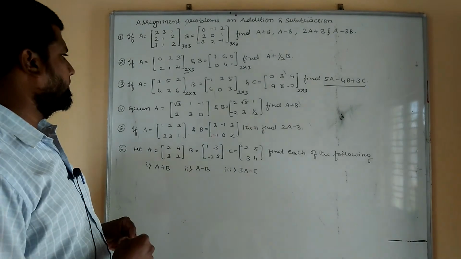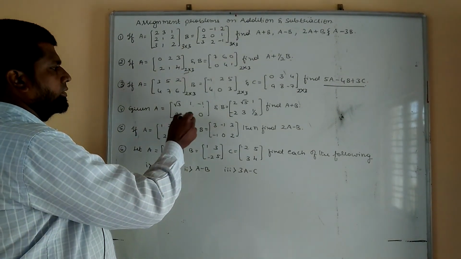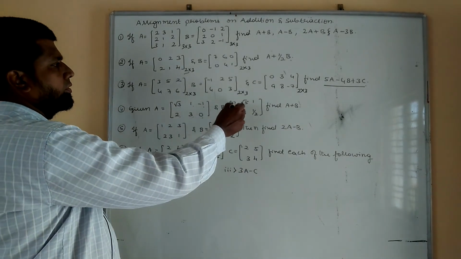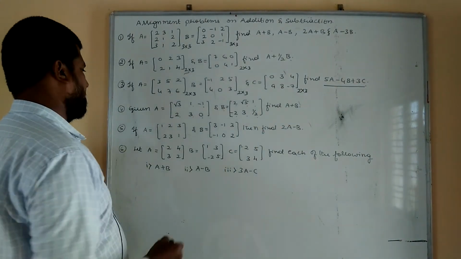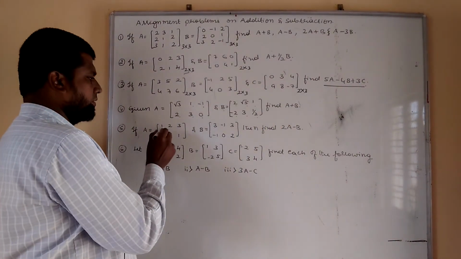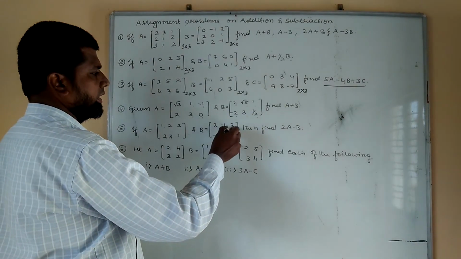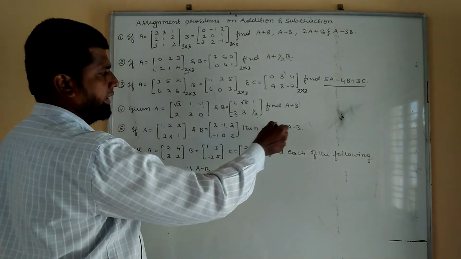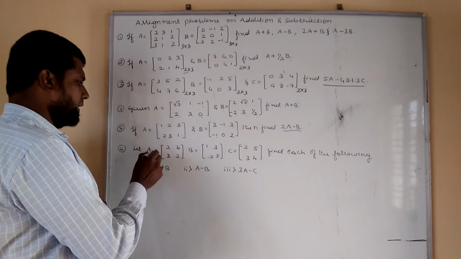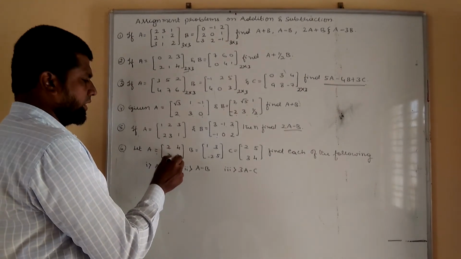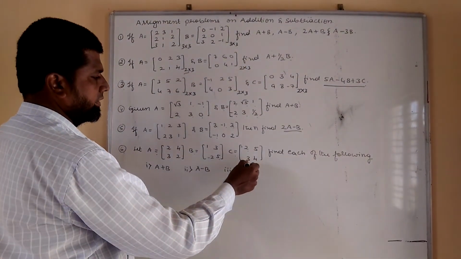Next, fourth problem, given A is equal to root 3, 1, minus 1, 2, 3, 0 and B is equal to 2 root 5, 1, minus 2, 3, 1 by 2, find A plus B. Fifth problem, if A is equal to 1, 2, 3, 2, 3, 1 and B is equal to 3, minus 1, 3, minus 1, 0, 2, then find 2A minus B. Sixth one, let A is equal to 2, 4, 3, 2, B is equal to 1, 3, minus 2, 5, C is equal to minus 2, 5, 3, 4.